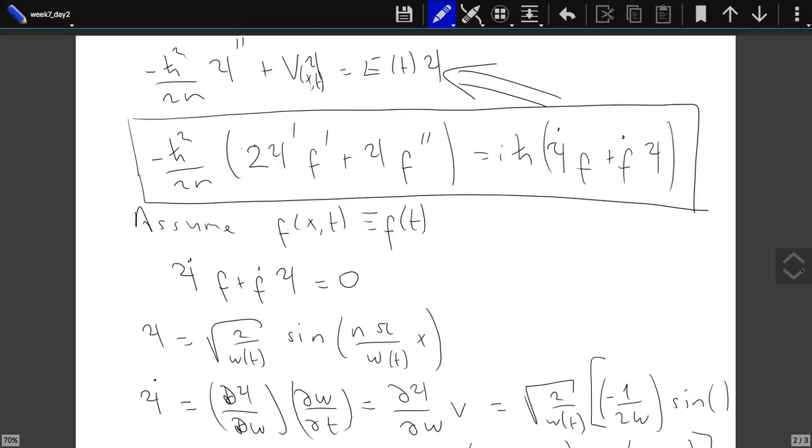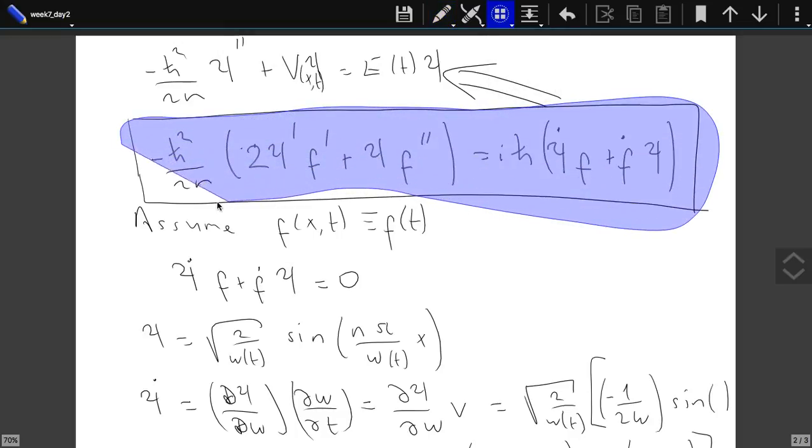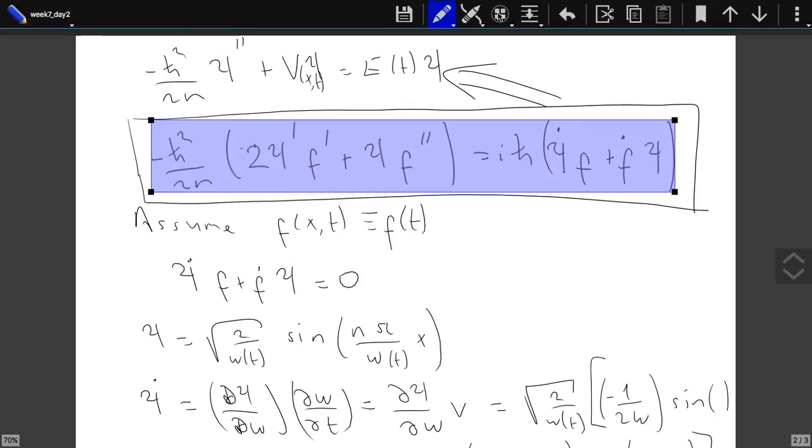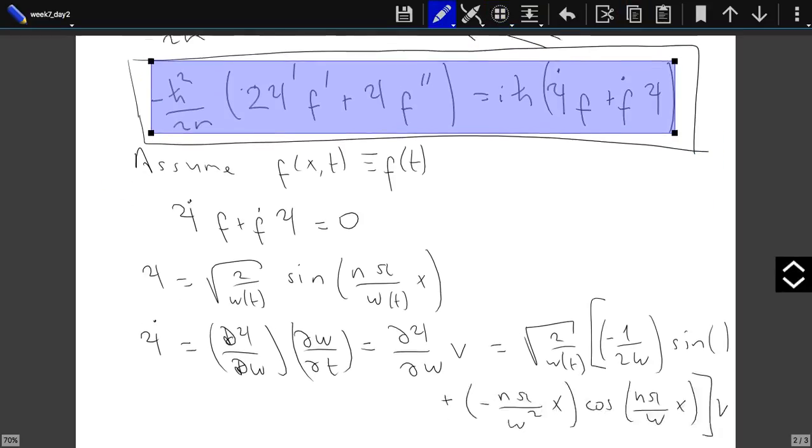If you put f equal to 1 for all times and positions, the left-hand side is 0, the right-hand side is non-zero, so that's also not a solution. Let's put in the psi and see whether we have some simplifications. Yeah, the same problem.